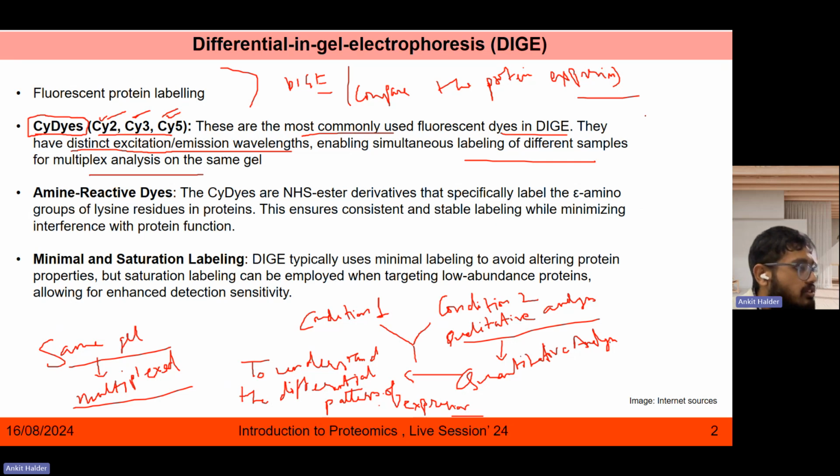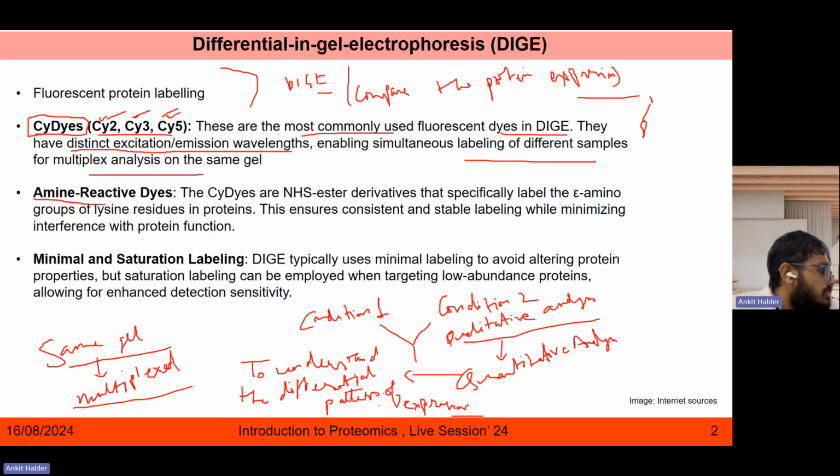Now, if we want to do any kind of fluorescent labeling of a protein, we have to keep in mind that we have to attach the fluorescent label to a particular amino acid. So first of all, these CyDyes are able to attach to amino acids, and second, they have different excitation and emission wavelengths, so that those fluorescent dyes can be utilized to understand the expression pattern.